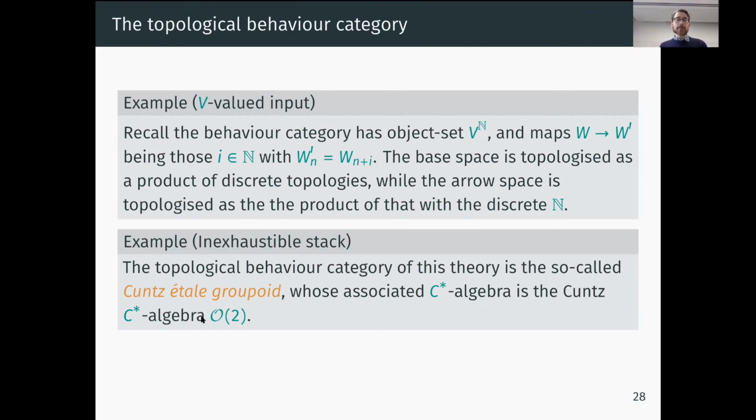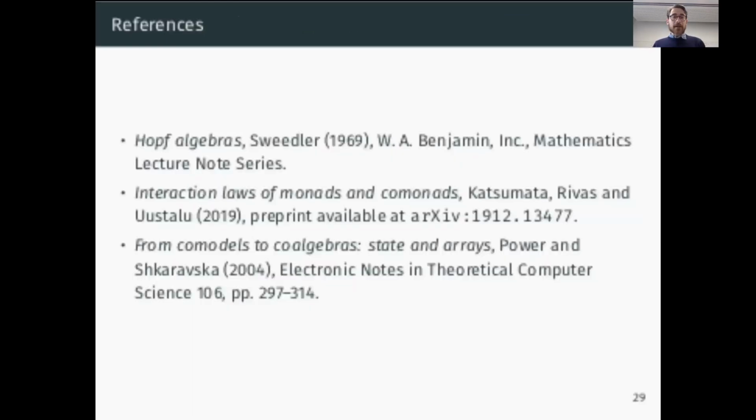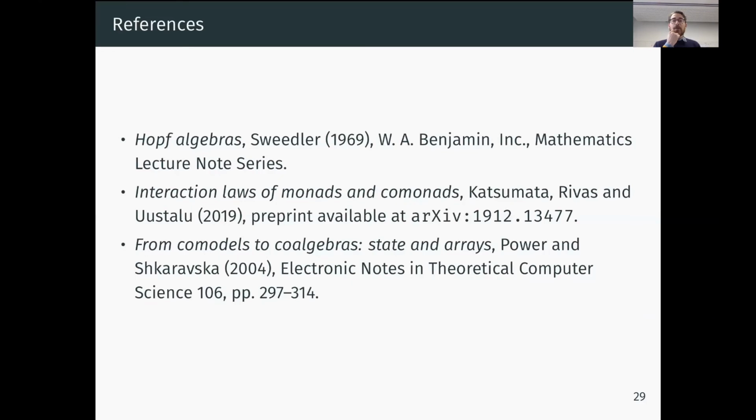So this Kuntz C-star algebra O2, which turns up in physics and representation theory and all sorts of other things, can be generated from a certain étale topological groupoid. And it turns out that it just pops out of this theory of an inexhaustible stack, just very directly. Okay, great. So I'm probably going to stop there.